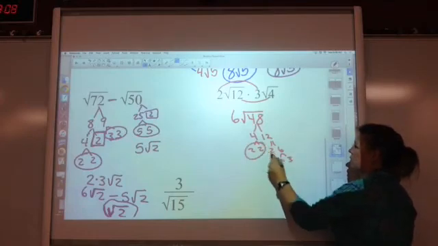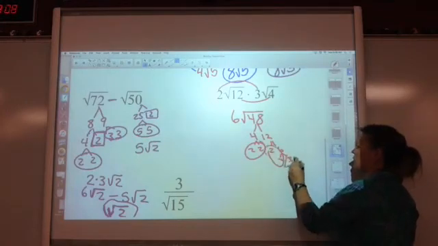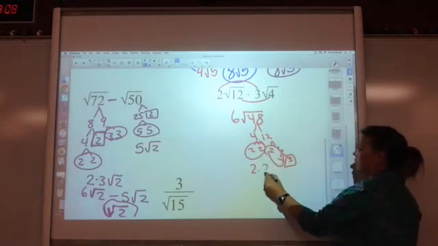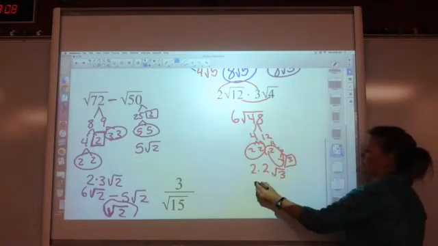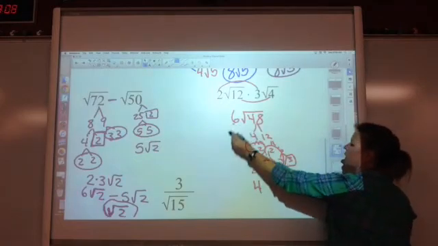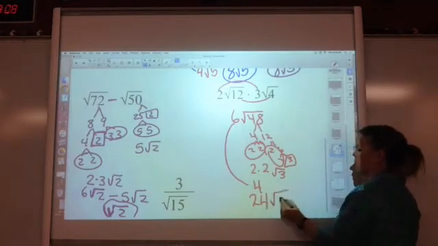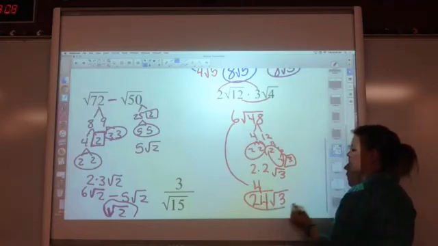You have a pair of 2's, another pair of 2's, and a 3 left over. 2 times 2. And you have a square root of 3 left on the inside. 2 times 2 is 4, but don't forget the 6 that's been hanging out there. You have 24 square roots of 3.